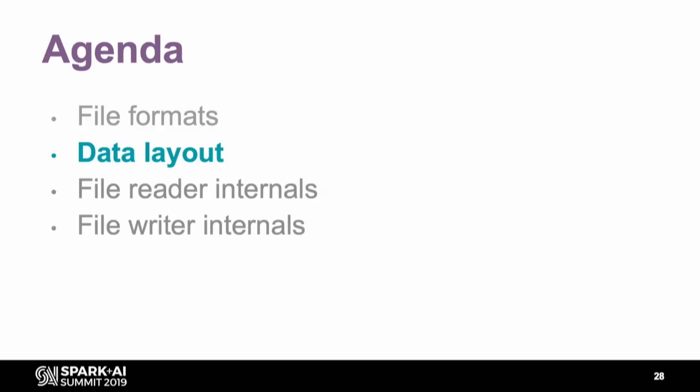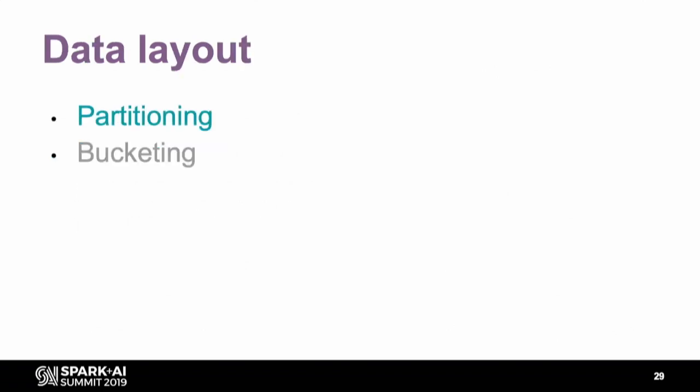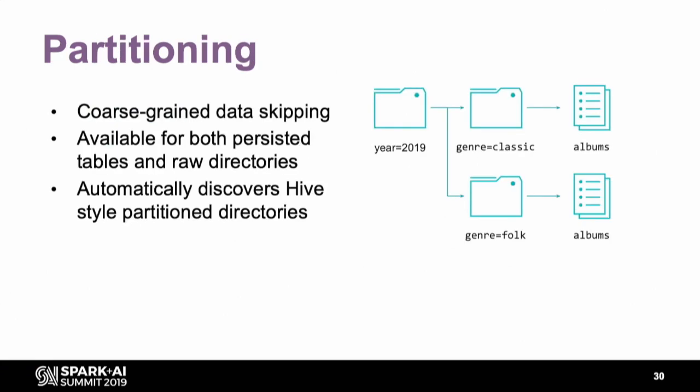After introducing all the file formats, the next section is data layout, which is very important for performance tuning. The first part is partitioning. With partitioning, we can have cross-scan data skipping. The data layout looks this way.